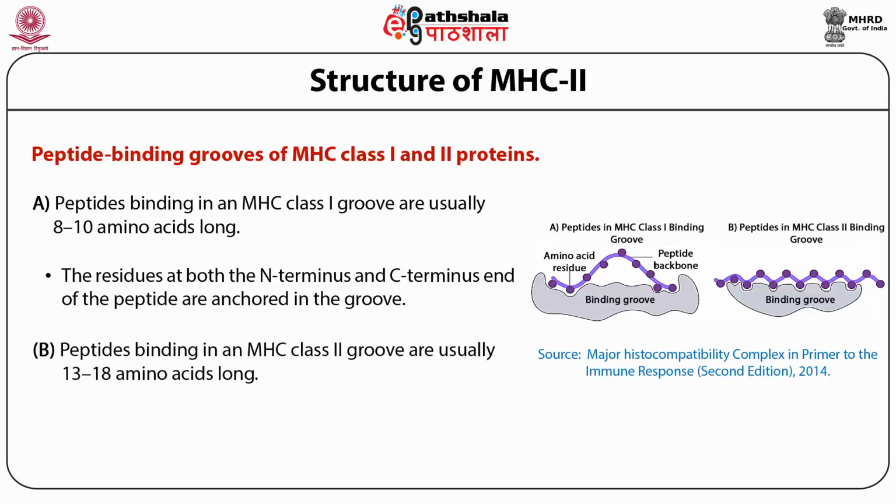In B, peptide binding in an MHC class 2 groove usually contains peptides 13 to 18 amino acids long. These residues bind at both the ends as well as in the middle, so they do not form any raised area above the binding groove. These are the major roles of the major histocompatibility complex in the immune responses.